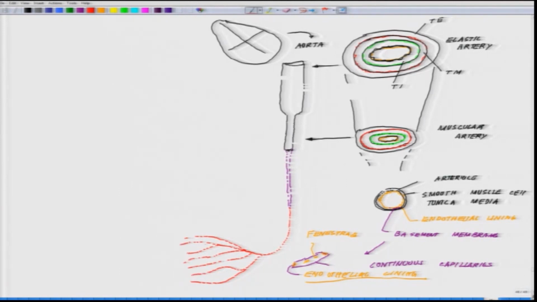And if you remember, recollect the picture I drew in the last class, where I told you in the lungs this is the kind of exchange, and in the other tissues the exchange is different. So it is something like this. Okay. This is where the vessel is now narrowing down big time.